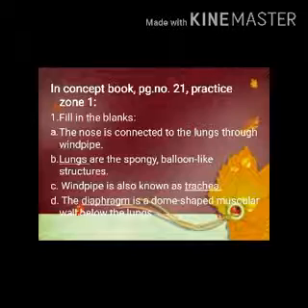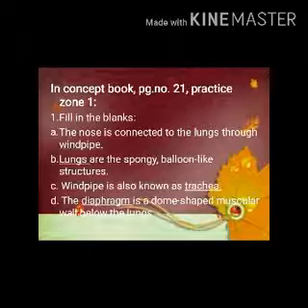The first question is, the nose is connected to the lungs through the windpipe. The second question is, dash are the spongy balloon-like structures? Lungs. Very good. Third question is, the windpipe is also known as the trachea. Very good. And the fourth question is, the diaphragm is a dome-shaped muscular wall below the lungs.